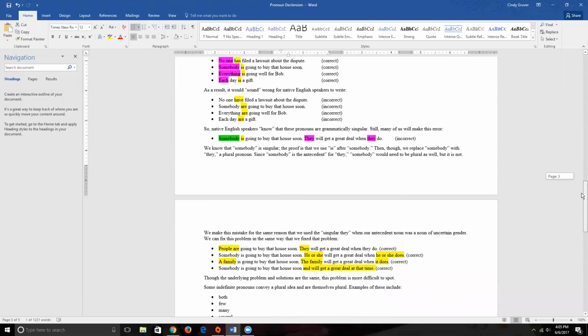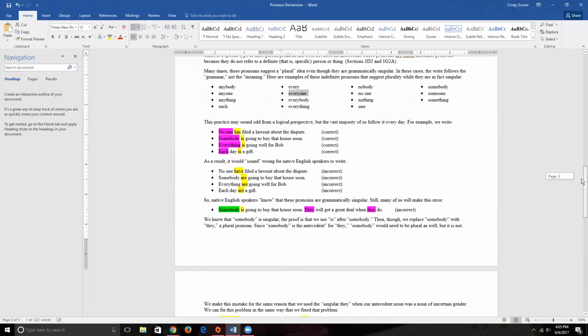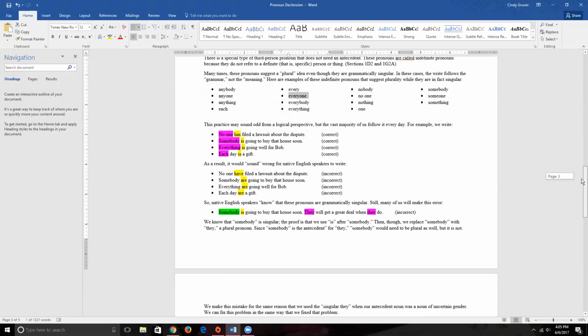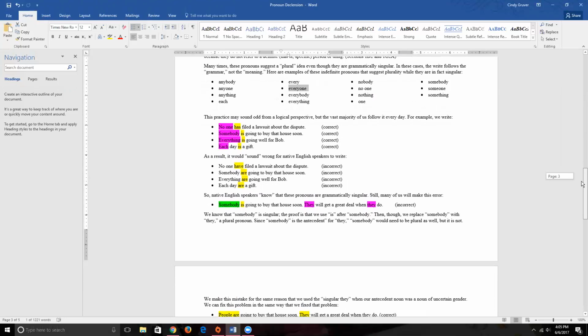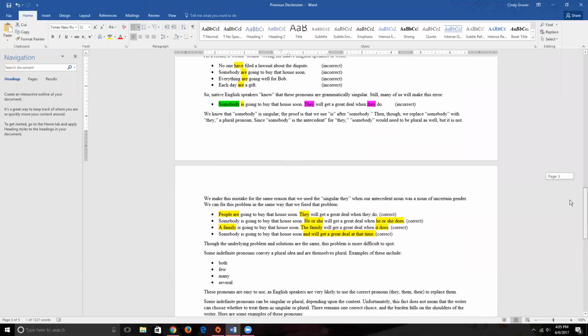Okay, so now we're going to move on to another category of indefinite pronouns, and these are the easy ones. These indefinite pronouns convey a plural idea, just like our earlier ones did, but lovely that they also are considered grammatically plural. So there's no disconnect between these two terms. They're consistent.